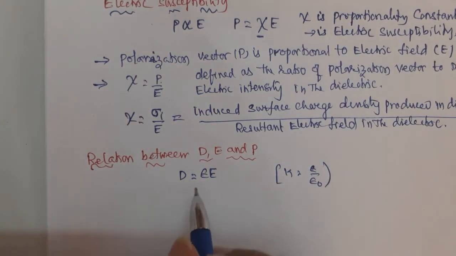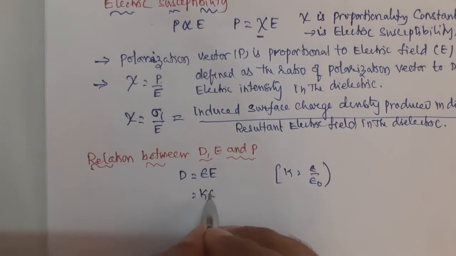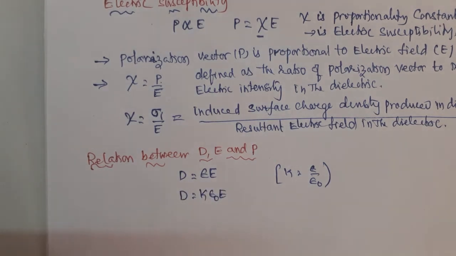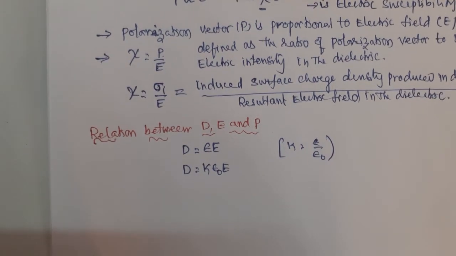Therefore epsilon can be written as K epsilon naught, so D is equal to K epsilon naught E.